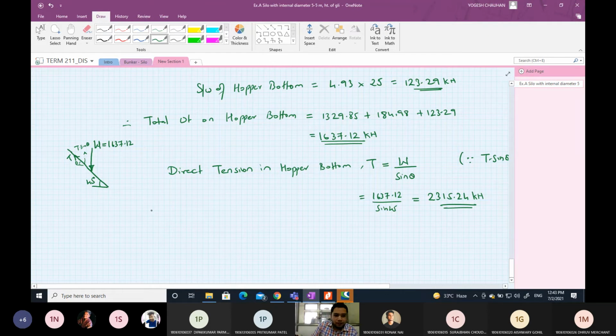So we can find the direct tension per meter width.